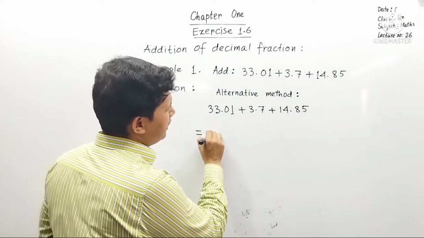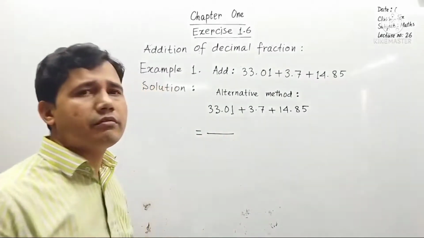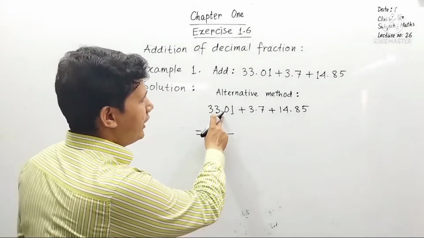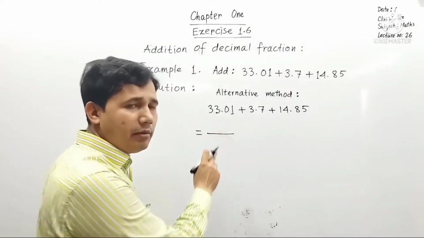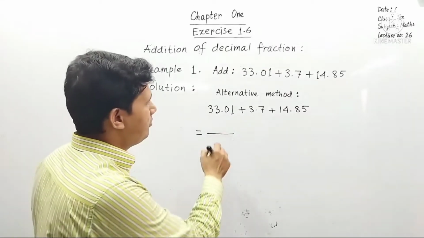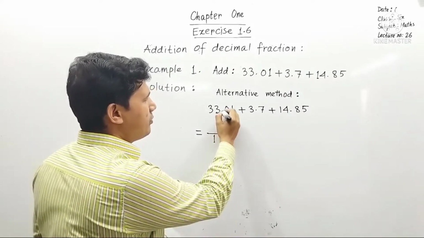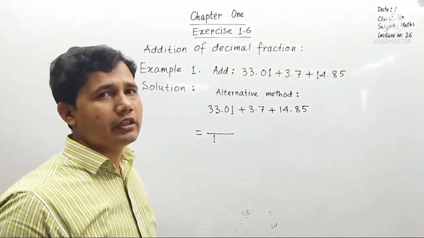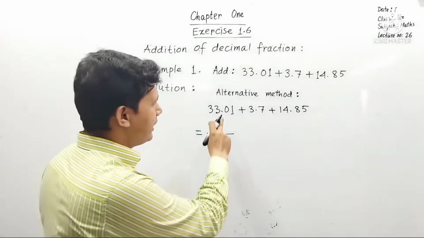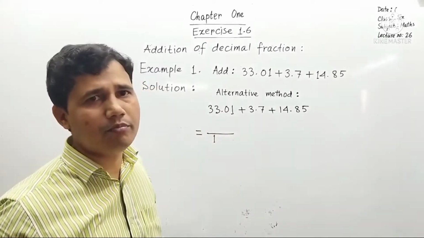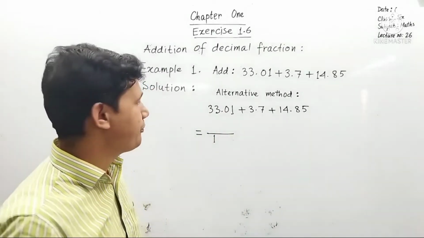At first you will give a fraction bar to avoid this decimal point. Opposite of the number, instead of the decimal point, you will give 1 on the other side of the fraction bar.